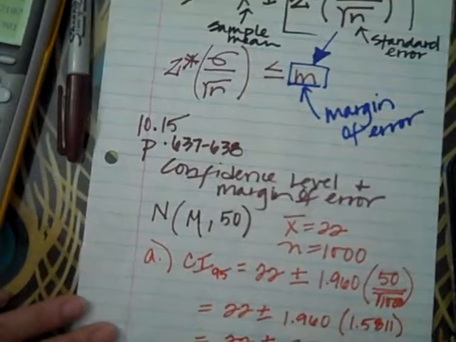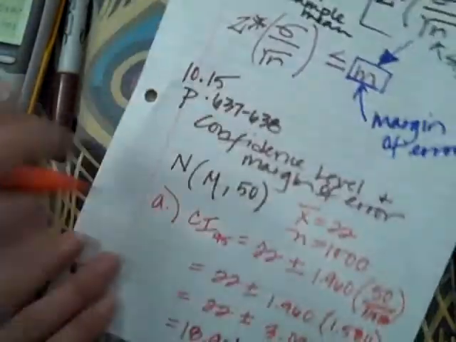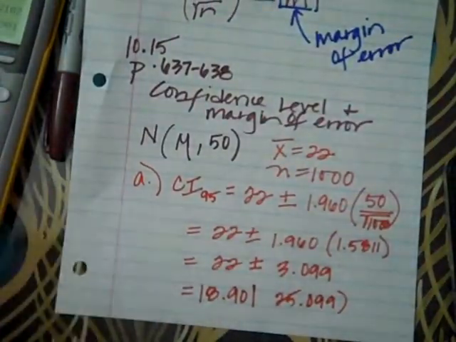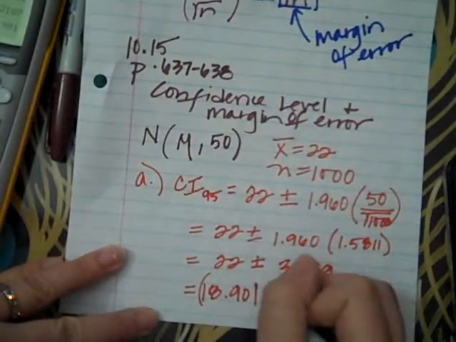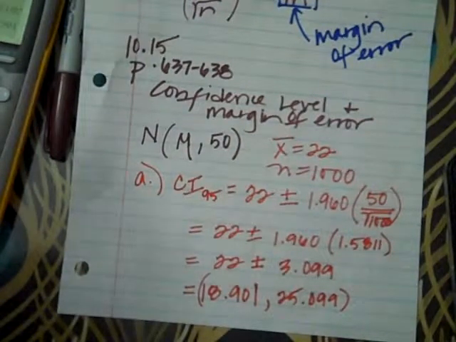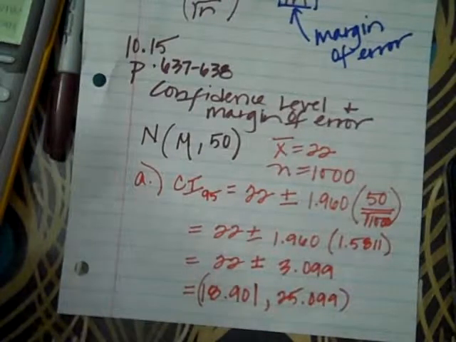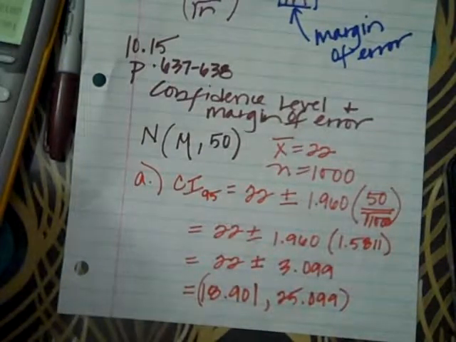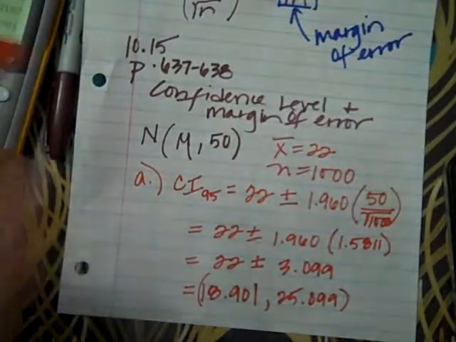So the interpretation of this would be, I am 95% confident that the true mean math SAT score for a high school student taking it the second time is between 18.9 and 25, based on the method I used to obtain the sample.